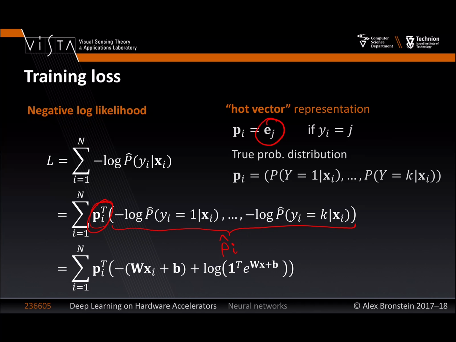Now, I can substitute again my logistic model for this specific negative log probability, and I will get something like this. Again, here the exponential is applied element-wise. This gives me a number, and this is a vector in R^k.